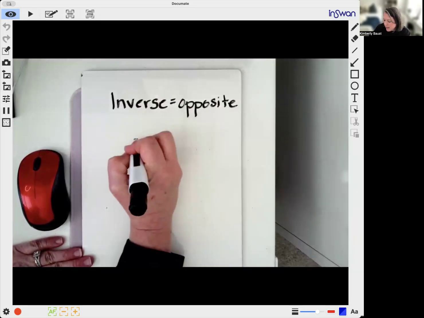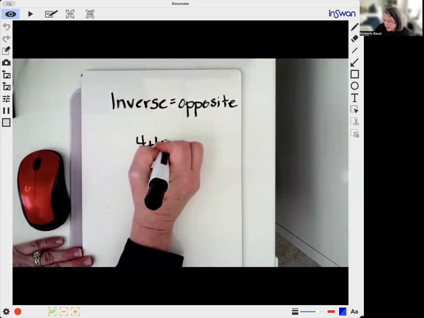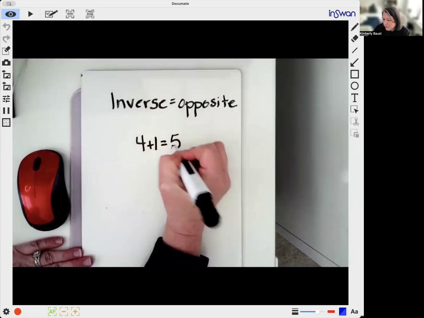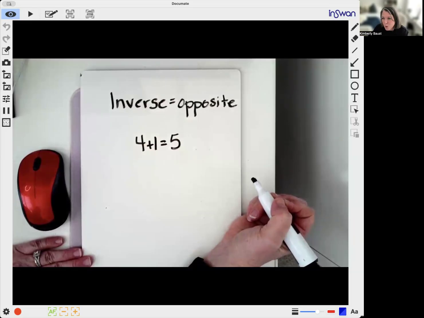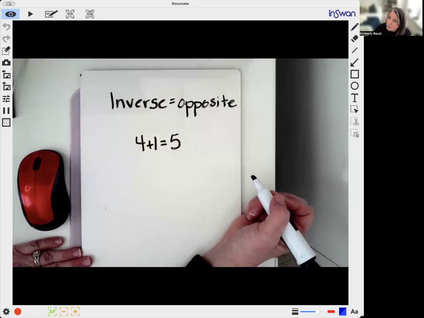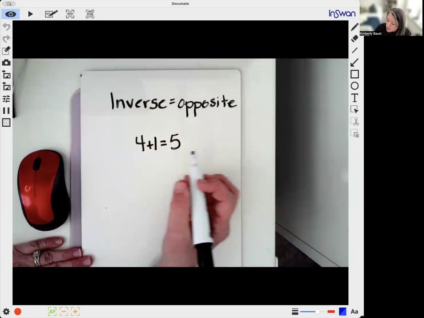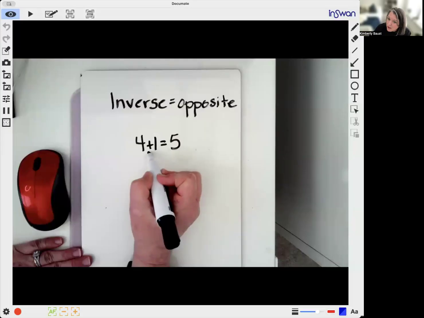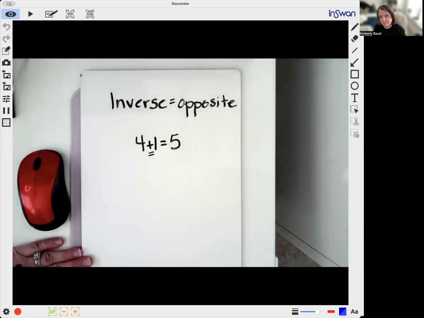Okay. If I said 4 plus 1 equals 5, and I asked you for the opposite sentence, the opposite numerical expression, what's the opposite of addition? Yep, subtraction.